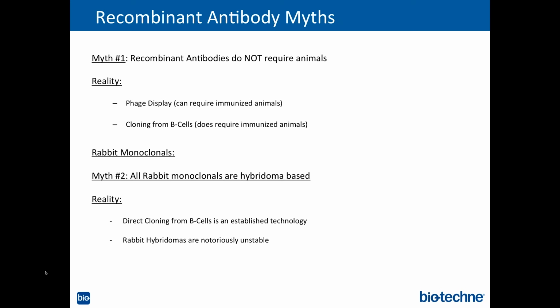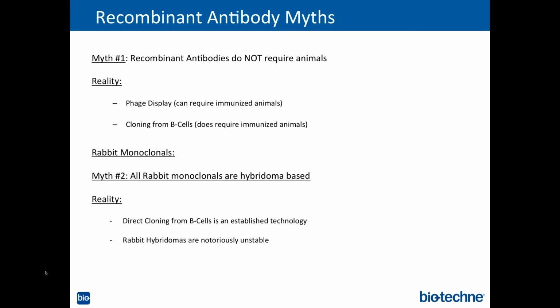While that can be true for some of the phage display systems that do not use animal-based libraries to begin with, other labs have chosen to go with a pre-immunized library, so they actually do start in an animal, they pre-immunize the animal with the target of choice, and then they go ahead and build their libraries based on that. Again, the animal work in that case is minimal, but it does require an immunized animal in some cases.